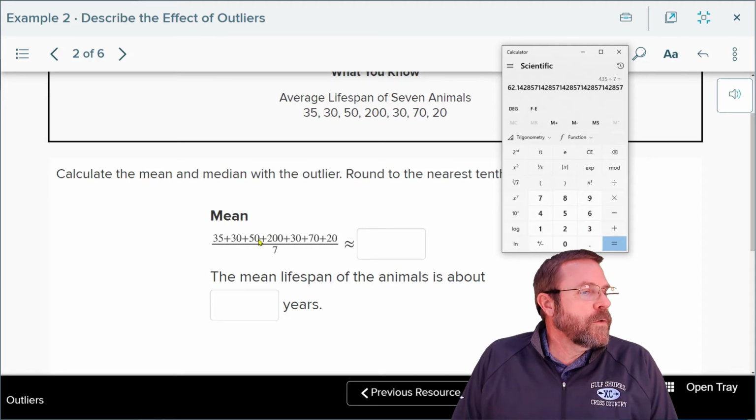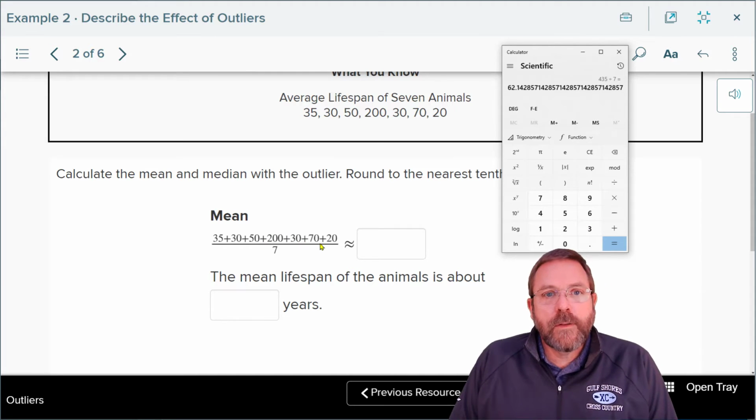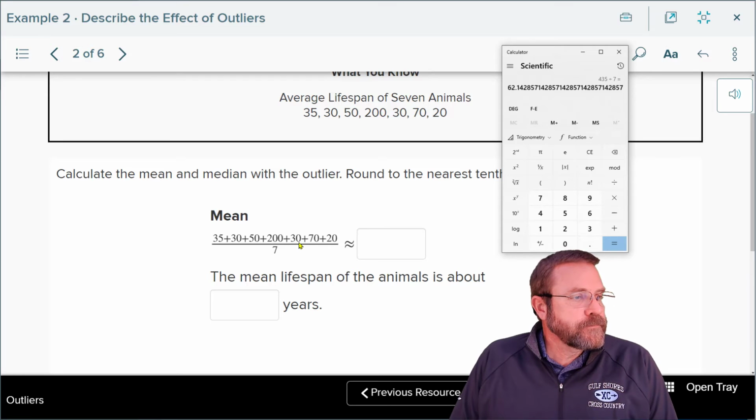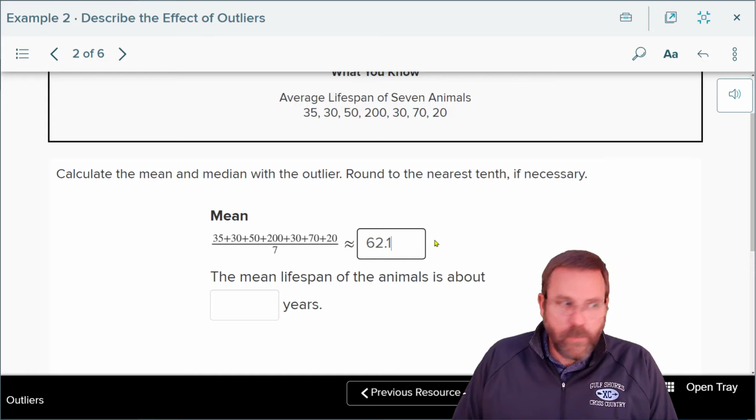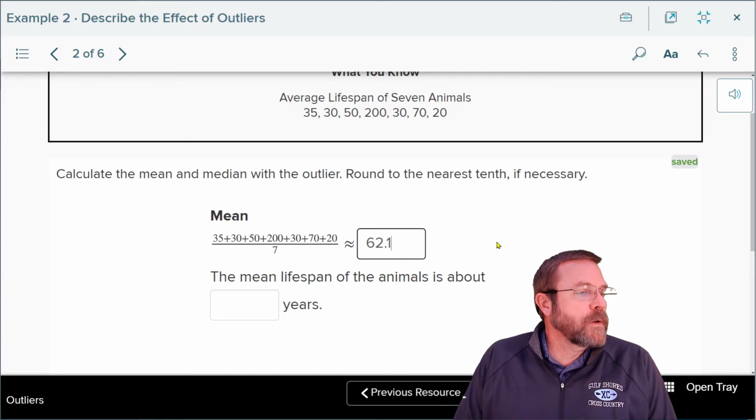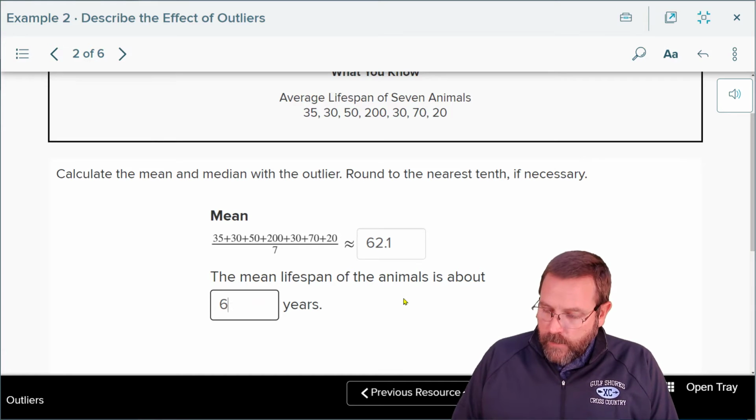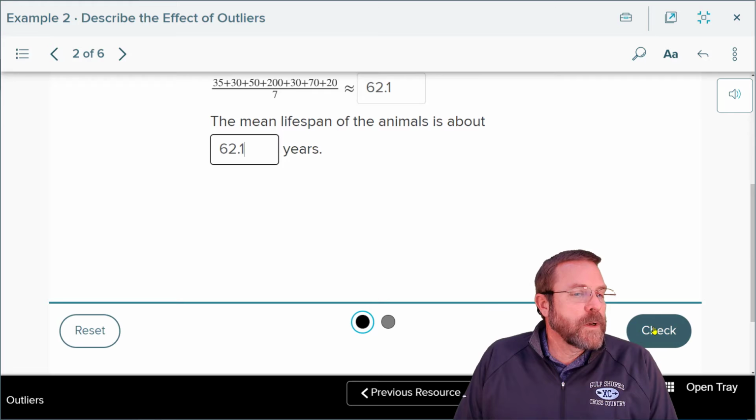So when you include everything, including the tortoise, you're going to have an average of 62.1 years rounded to the nearest tenth. Therefore, the mean lifespan of the animals is about 62.1 years. We're going to check that.